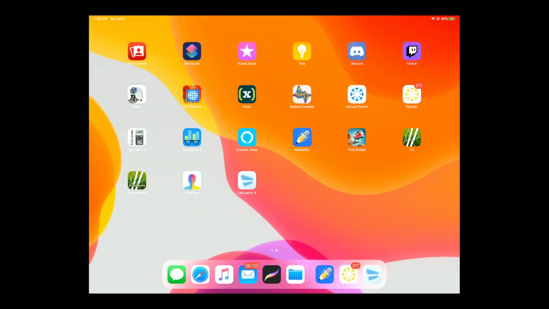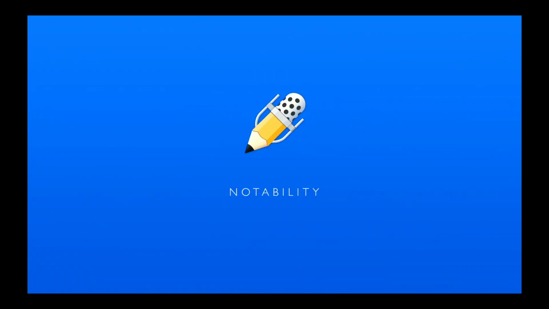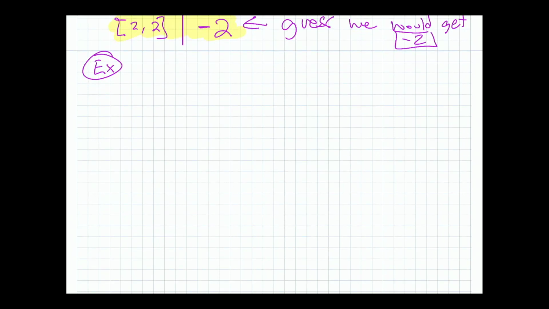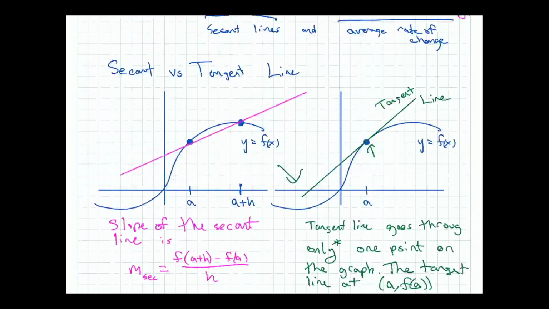Okay, I don't like how laggy this is, so I'm going to close it and open it again. All right, so let's try this again. So again, we're going to find instantaneous velocity. Oh, actually I didn't use that word last time. But we're going to find instantaneous velocity, which is the same thing as instantaneous rate of change, which, what did I call it here?